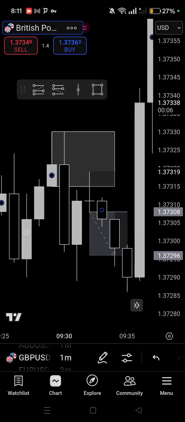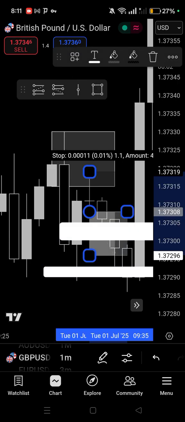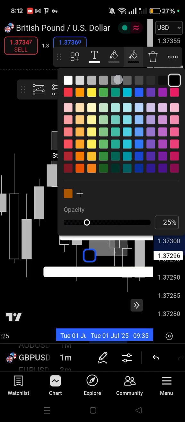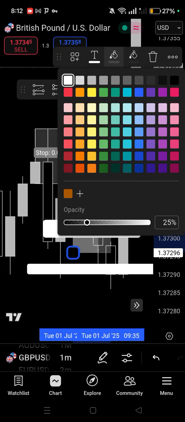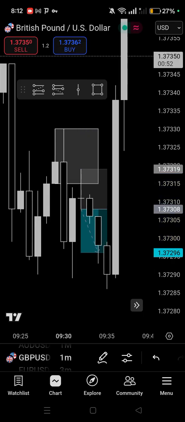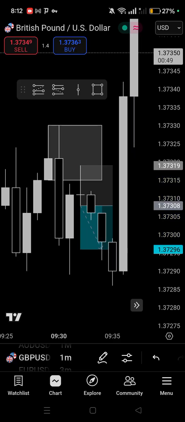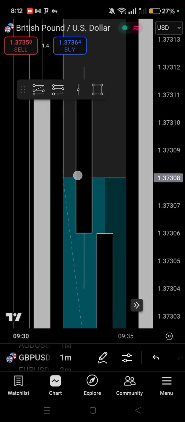I ain't gonna lie, that's very hard to see. I might as well just make it the same color. Yeah, blue. I like blue on this color scheme. I very much like it.